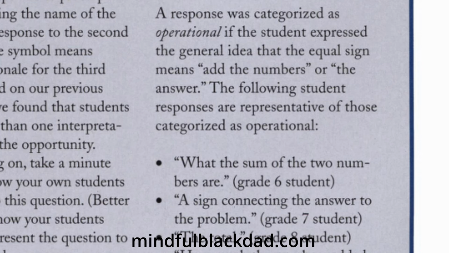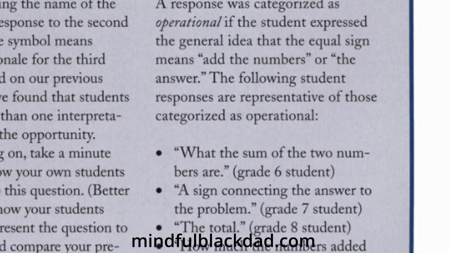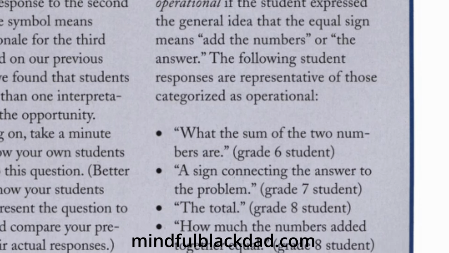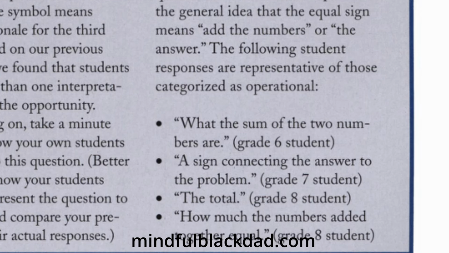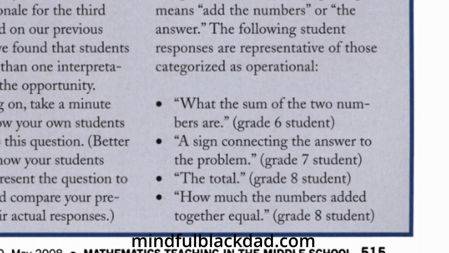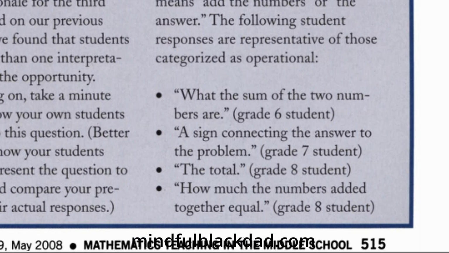The operational camp is the interpretation that the answer comes next. So students who gave that sort of answer would say something like, the answer goes here, or that equal sign means what do the numbers on the left-hand side add up to, that kind of thing. That's that operational understanding of the equal sign.